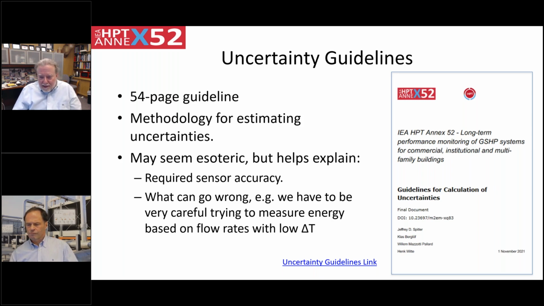A classic case is trying to measure energy based on the flow, say to the ground heat exchanger. Sometimes, particularly when it's over pumped, you have very low delta T, and it's very hard to measure that accurately. So one of the reasons for the uncertainty guidelines is just to be able to estimate what the uncertainty is and maybe know where you're not getting good answers. So again, this is available here.